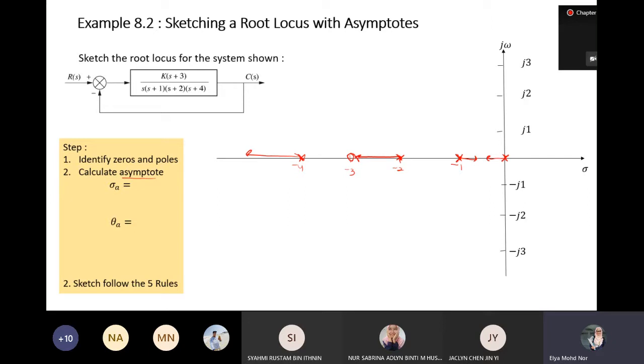For the real part, we get (-1 - 2 - 4 - (-3)) over the number of poles, 4, minus the number of zeros, 1, which equals -4/3. The angle is (2k + 1) times pi over the number of poles, 4, minus the number of zeros, 1. For k equals 0, you get pi over 3.